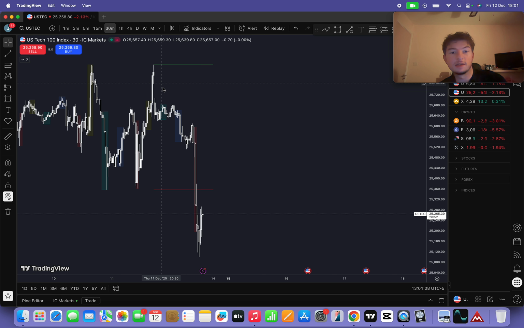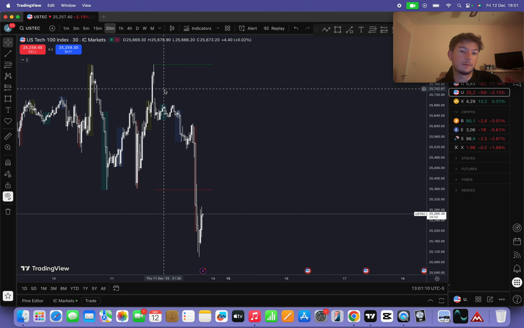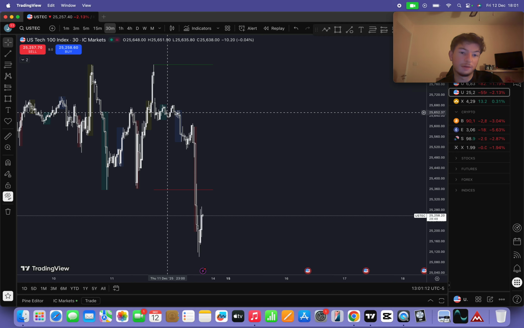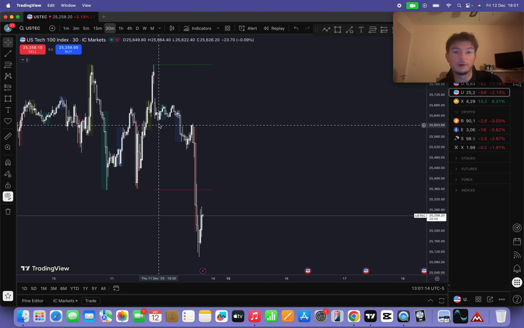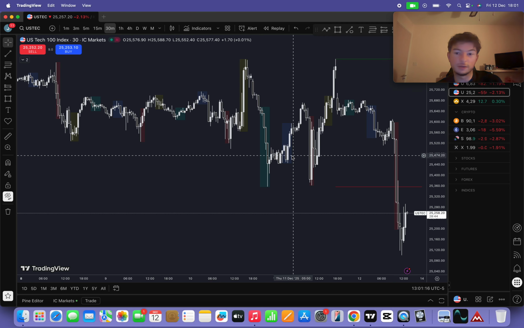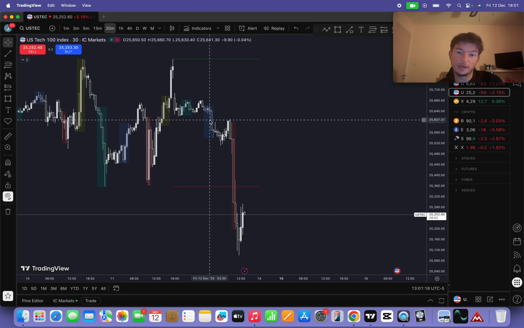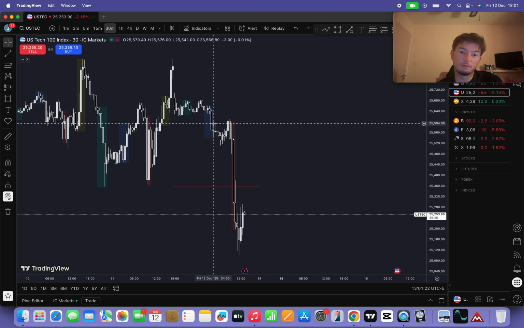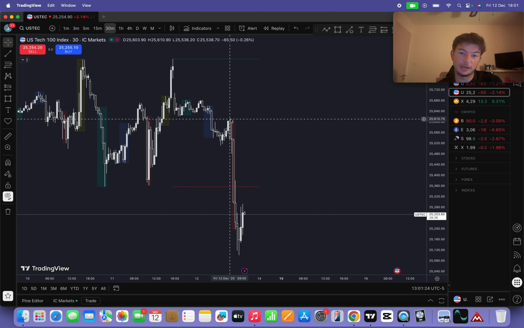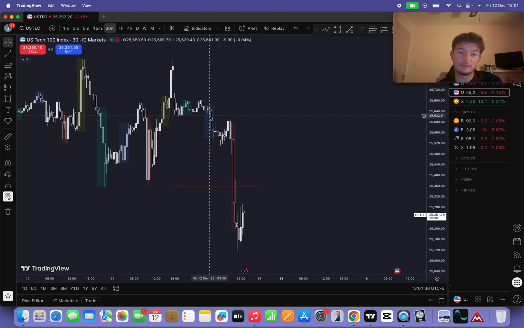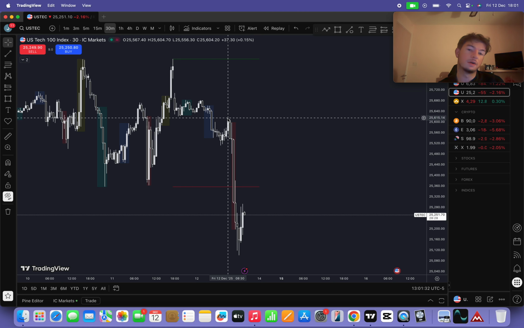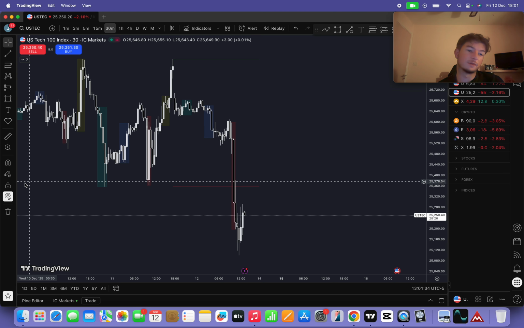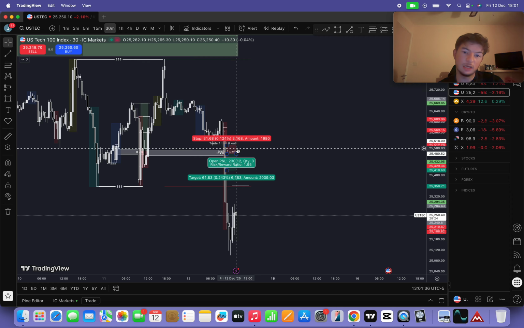Typically I would be targeting up here as a draw, but the fact that London broke down below the Asia low and also yesterday's PM low, creating this imbalance, which was tested once right at the end of the session, and then 8:30 we traded back up, sweeping this wick here and filling this imbalance. So this was one of the drivers for bearish price action today.